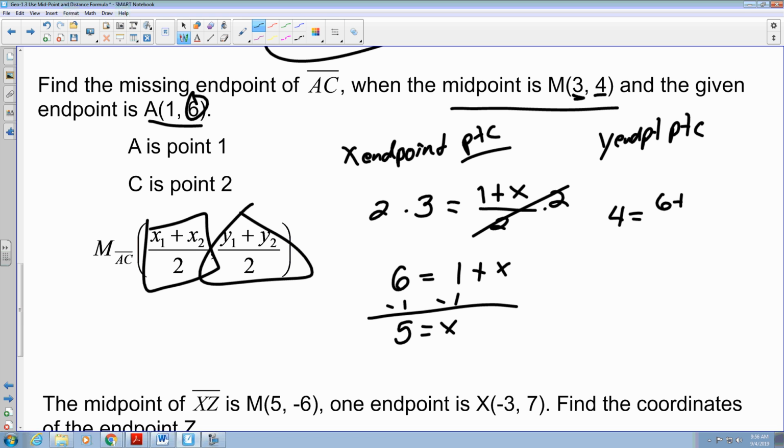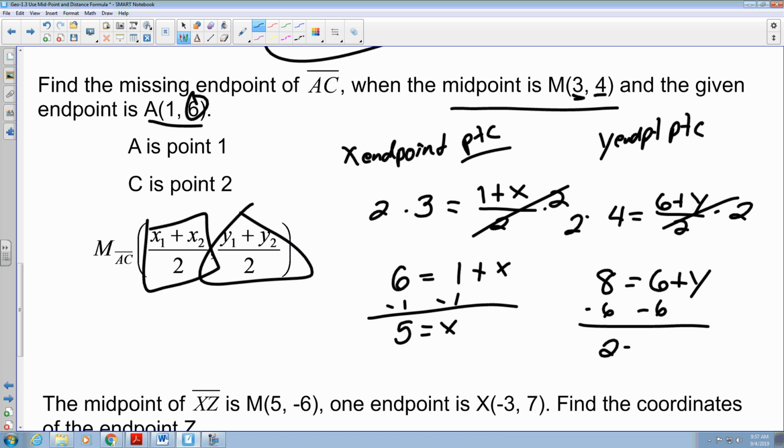Now I got 6 plus y, all divided by 2. Multiply 2 to both sides. I got 8 equals 6 plus y, because these cancel. Subtract 6 from both sides, and I have 2 equals y. So my endpoint for point C is 5 comma 2.